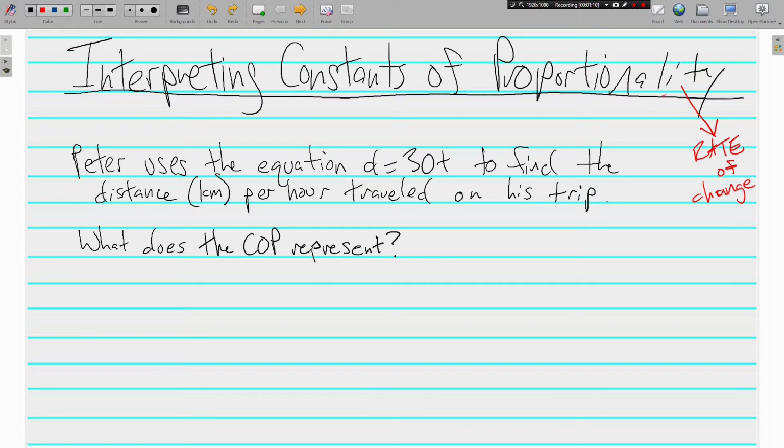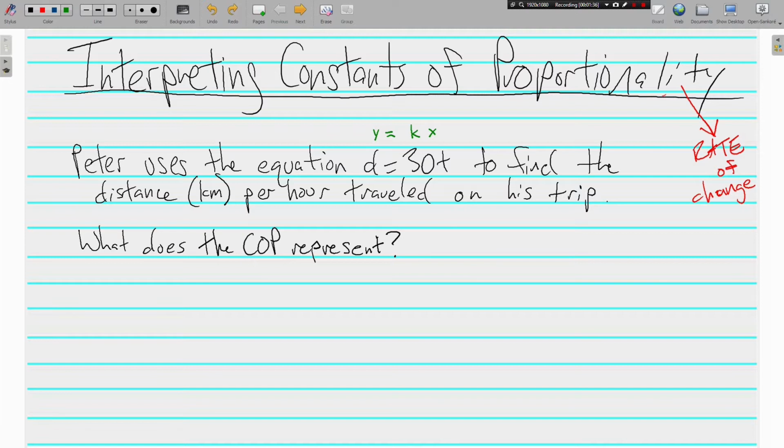First of all, we know that constant of proportionality equations are in the form y equals k times x. Because it's a real-world problem, we can use things besides x and y, but it has the same meaning. In this equation, d stands for distance and t stands for time.